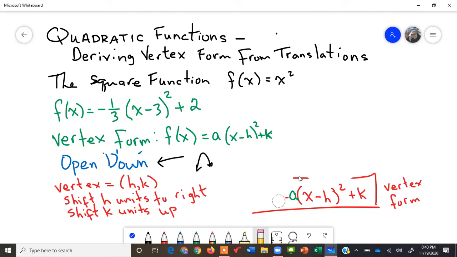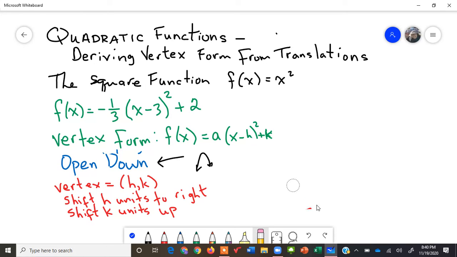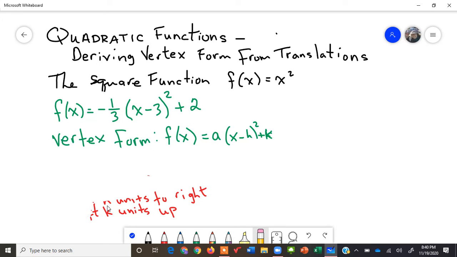So once we have vertex form, then we can see how easy it is to graph a function because we can read off the vertex immediately. So just going the other way around, we've already seen what this graph looks like because we actually did the shifting before we got the function.